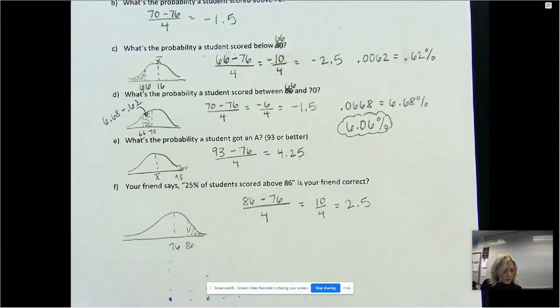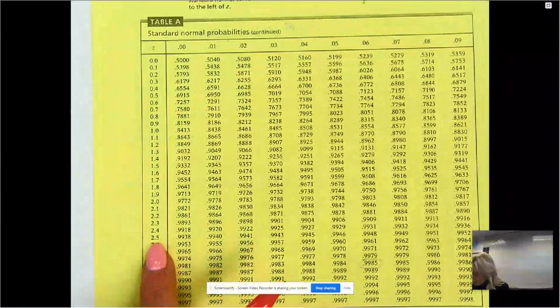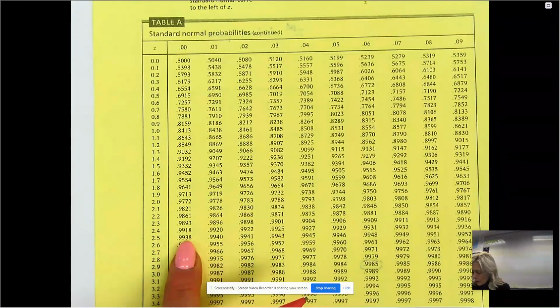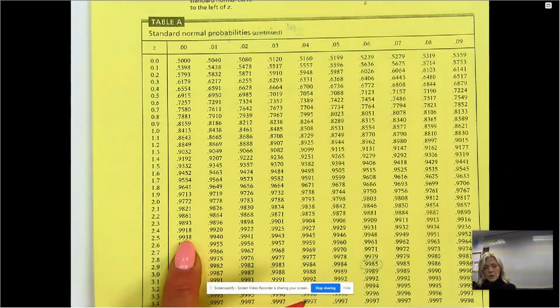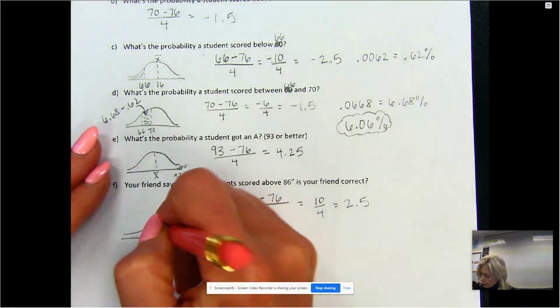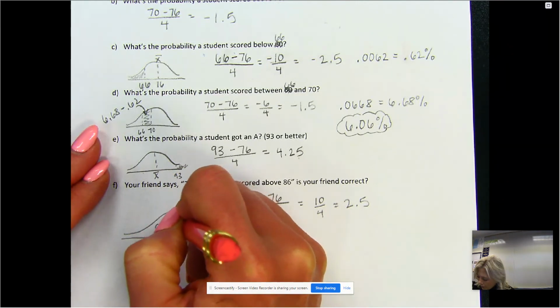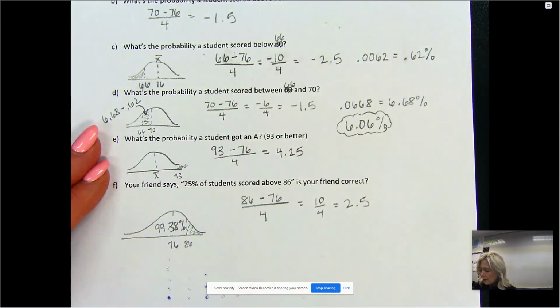Okay, so a z-score of 2.5 is 99.38. So what that means is 99.38% of the data is in this area.